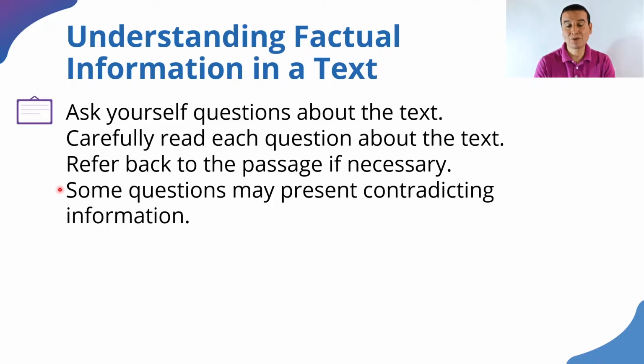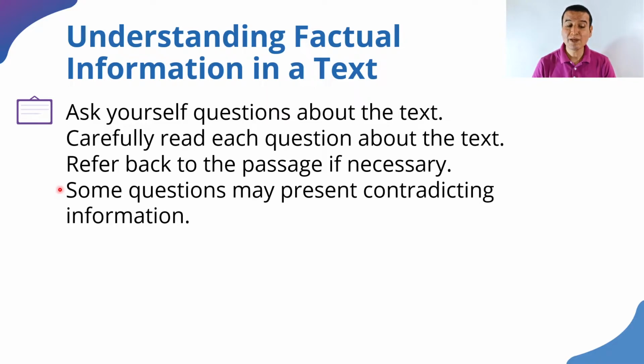It means that if you are writing questions, you may include some information that may be contradicting, that may confuse the reader, so you don't want to be confused by contradicting information in a text. Sometimes they use double negations that make it hard for you to answer a question, so you may have to be careful with that type of question.